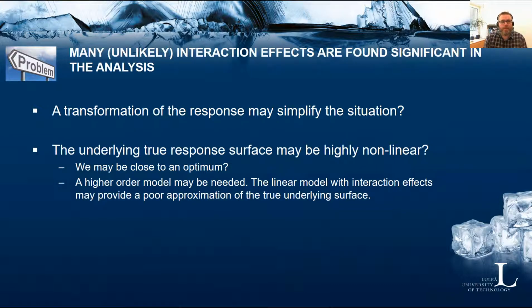Another common situation is that you may find both unlikely and many interaction effects to be significant in the analysis. As we saw also in this example 6.3, that might be a case where, after a transformation, the number of active effects and interactions is reduced.